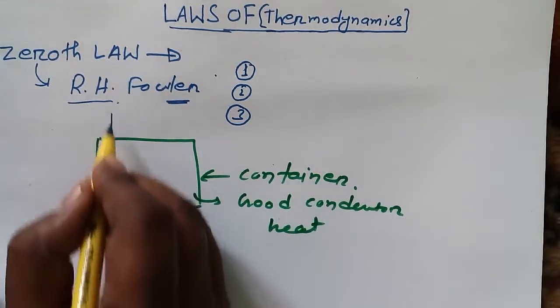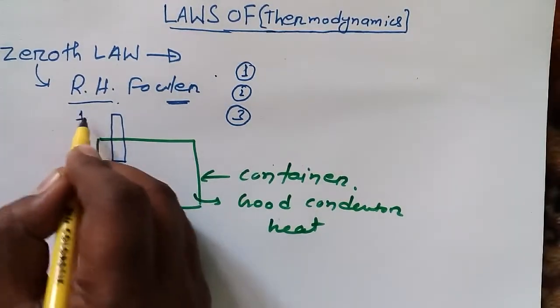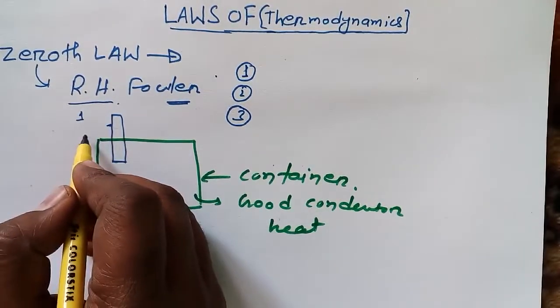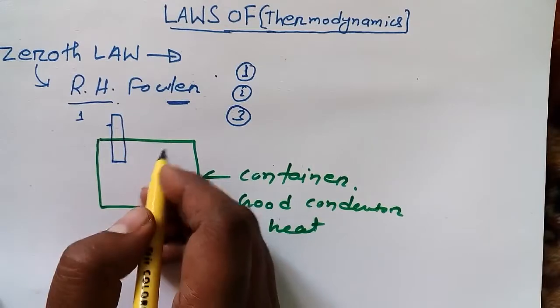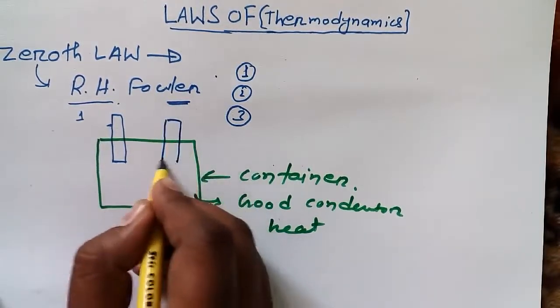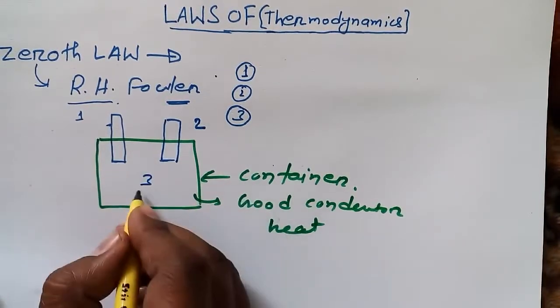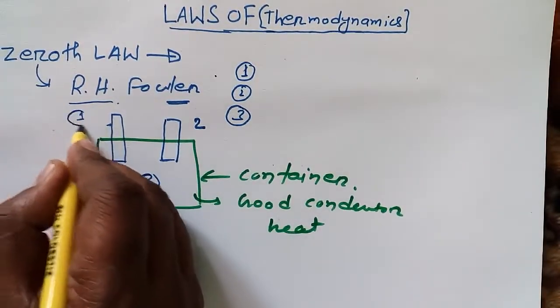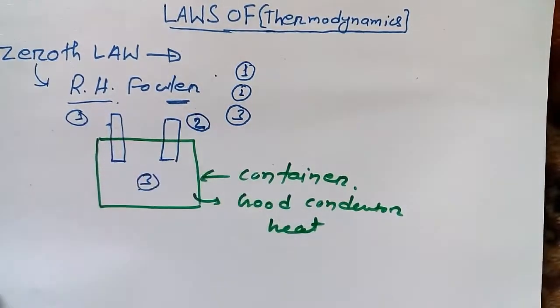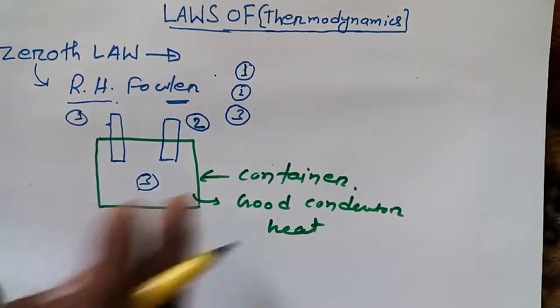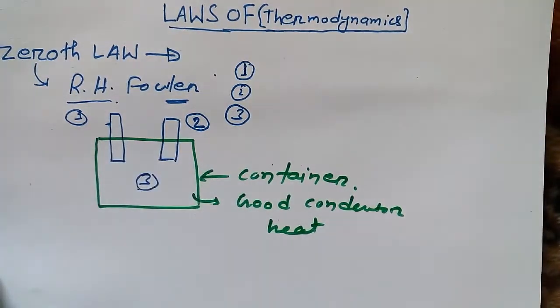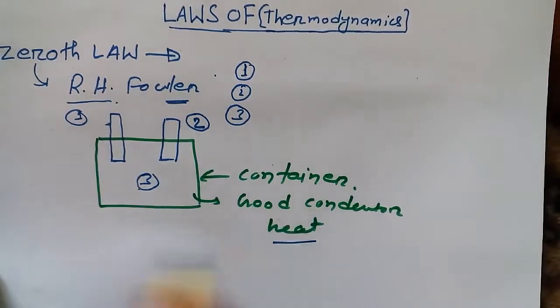And here we have two rods: rod 1, which is also a good conductor of heat, and rod 2. Suppose that this container is 3, so I have 3 important components here, and all of these components are good conductors of heat.